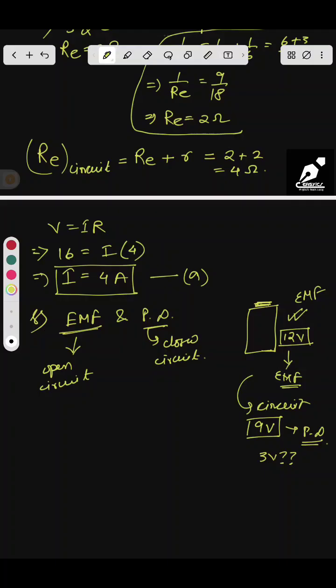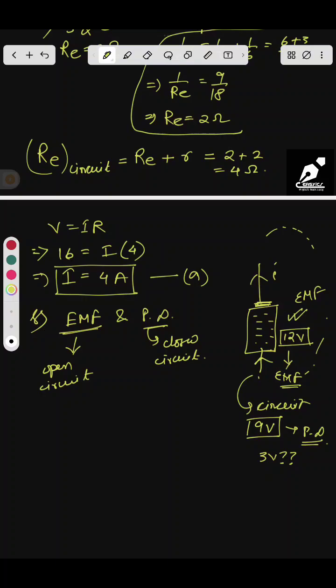So when the charge actually, for example, this is the wire getting into the battery and this is the wire coming out of the battery. Current comes out in this way. The current travels throughout the circuit and gets into the battery. So when the current, that is the electrons, are crossing through this battery, inside the battery are the electrolytes. The electrons need to fight against these electrolytes to come out of the battery.